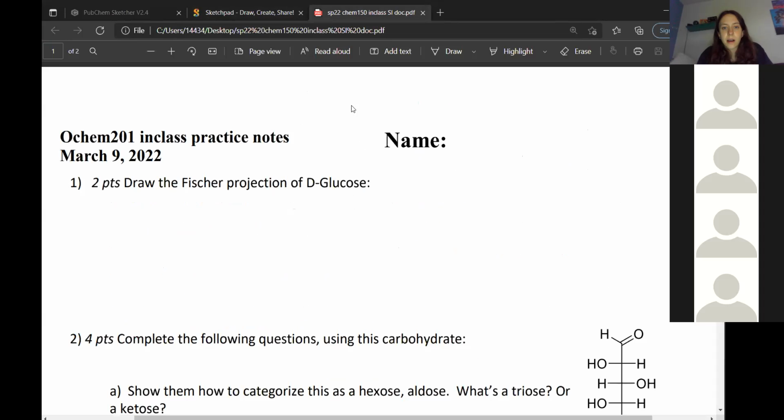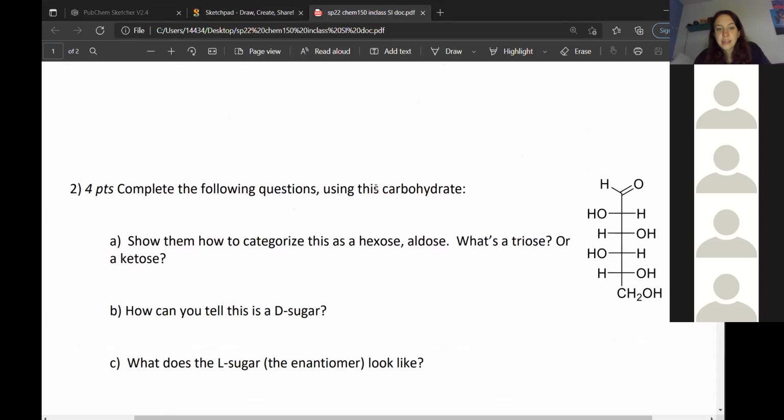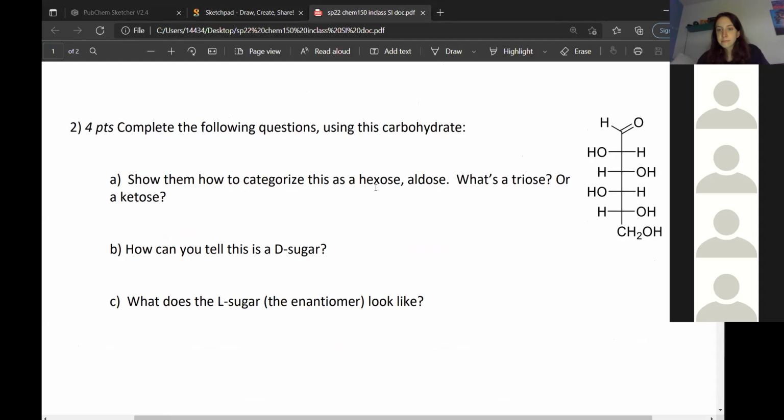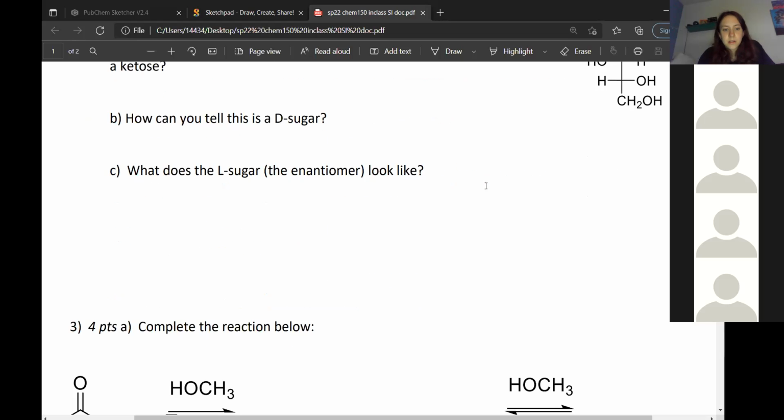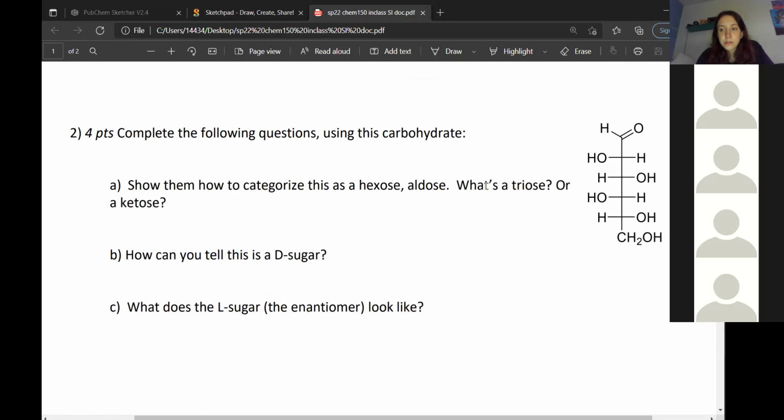More likely you're going to get a question like number 2, where you get a carbohydrate and you have to classify it. So if there were 7 carbons here, heptose, and stuff like that. Is everybody good with this basic structure of carbohydrates? Okay.